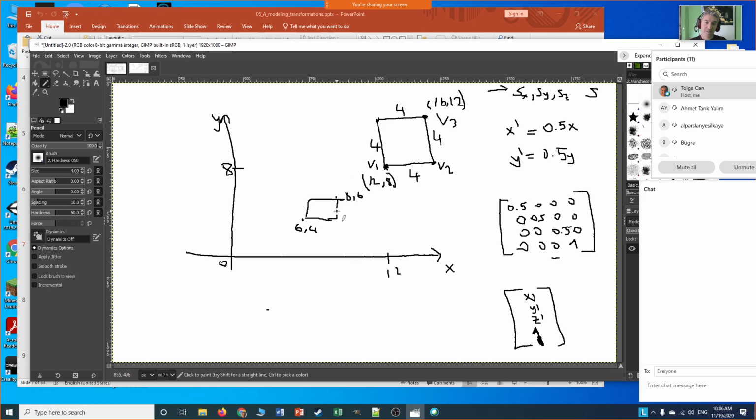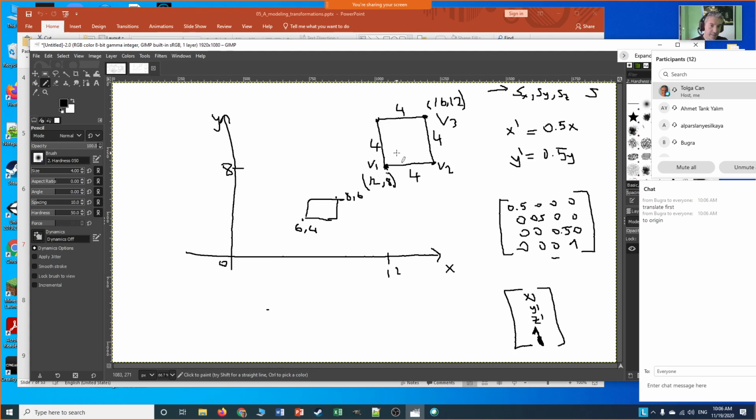For example, if you want to scale an object so that it scales and it stays in place like this, what should you do? The answer is actually not that difficult, probably. How can you scale this in place? I want this 6, 4 to appear like 14, something.